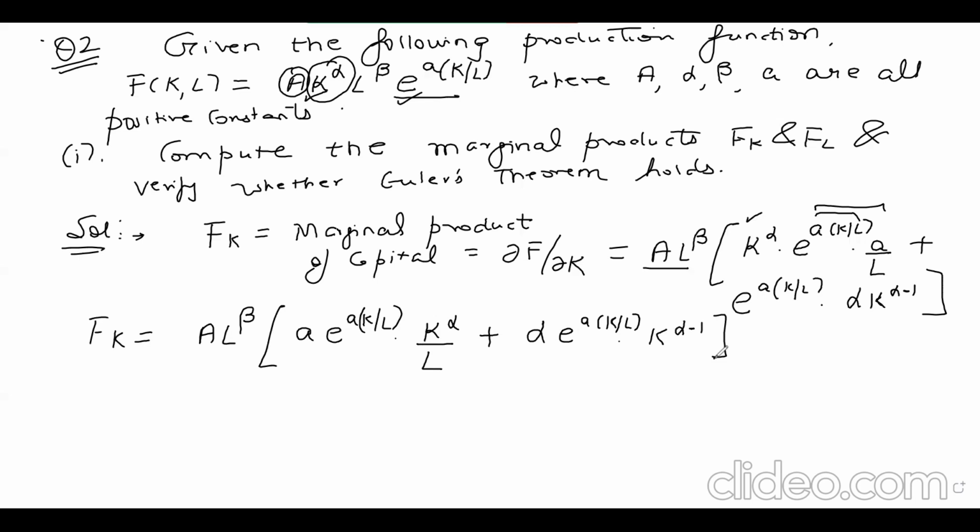Okay, now I can take something common. I can take e to the power AK by L as common. So I get A L to the power beta, e to the power AK by L. This is common.